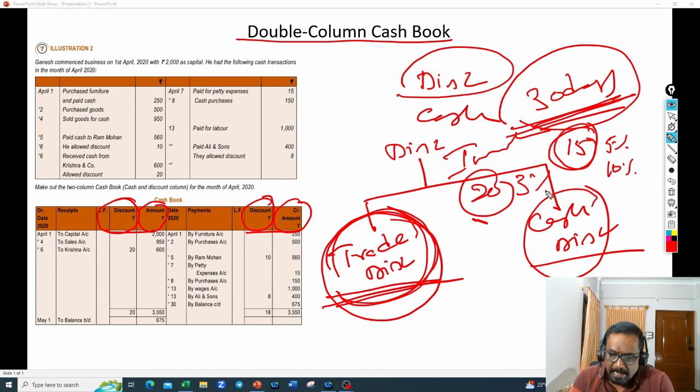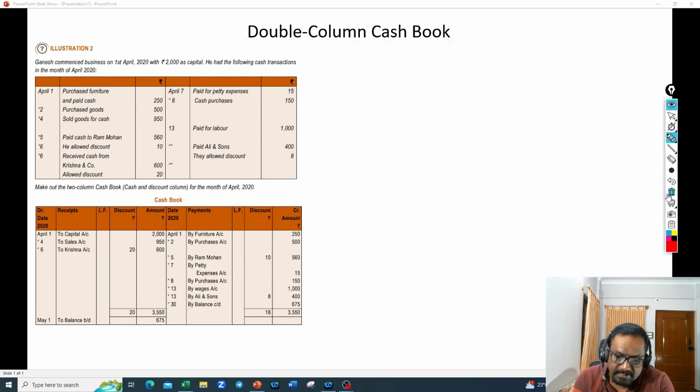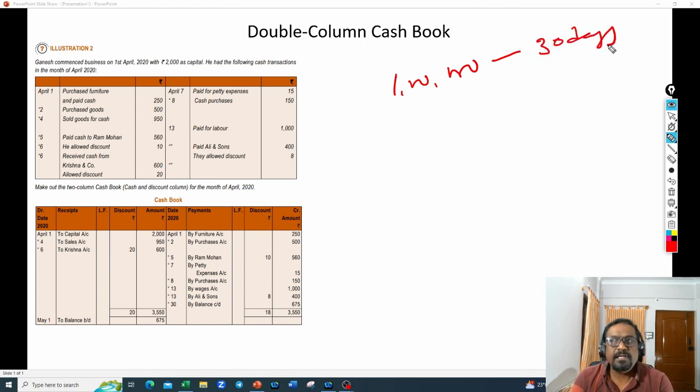Let us say I purchased goods for 1 lakh, and they gave me 30 days credit. That means this 1 lakh I am going to pay after 30 days.